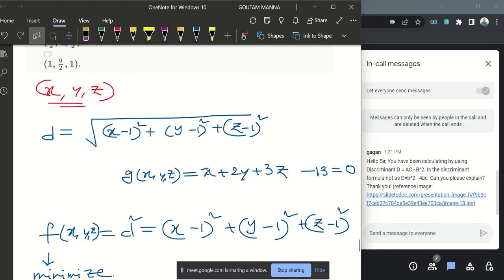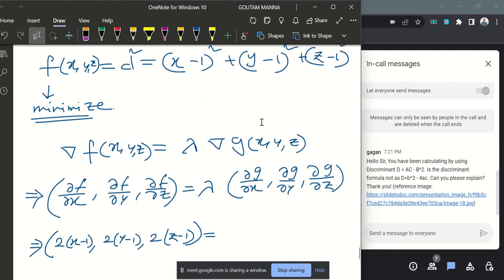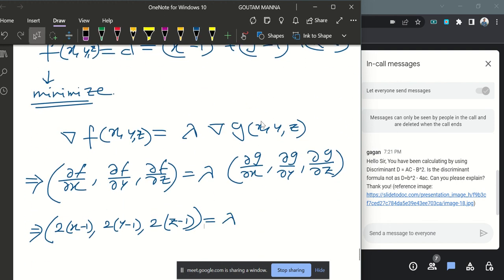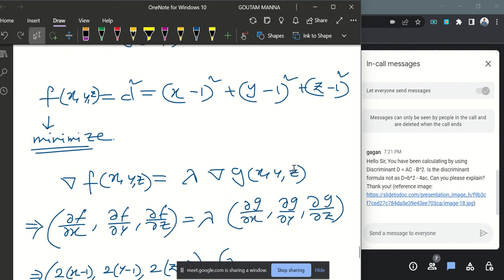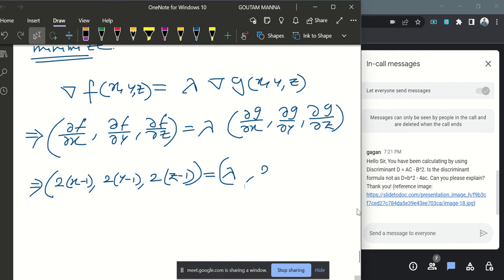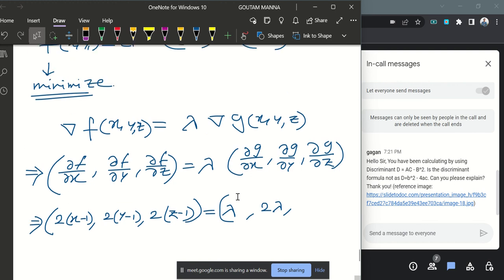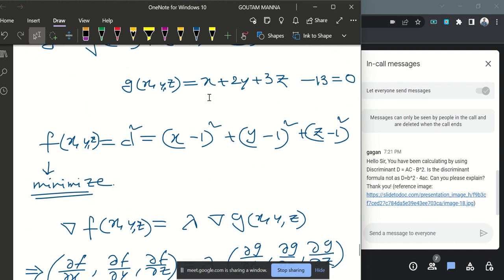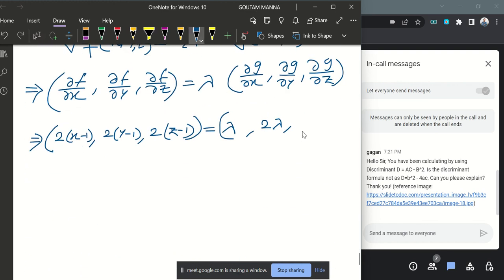So del g del x is 1, so it is lambda, comma del g del y is 2, so it is 2 lambda, comma del g del z, so you have 3z in g, so it will be 3 times lambda, so it will be 3 lambda.